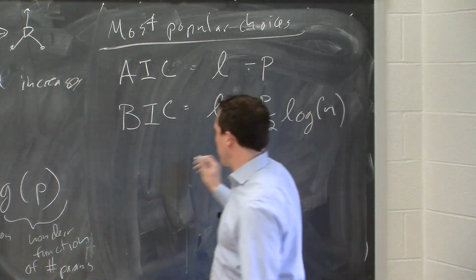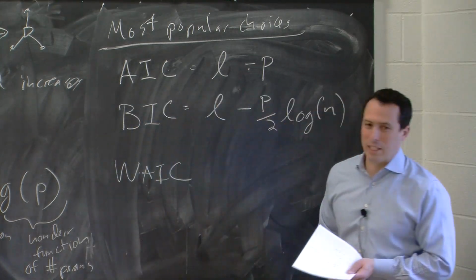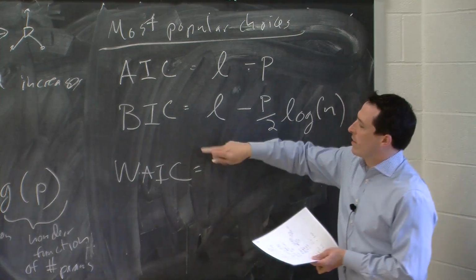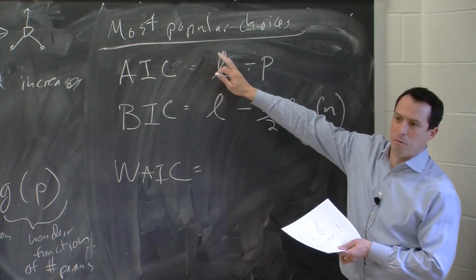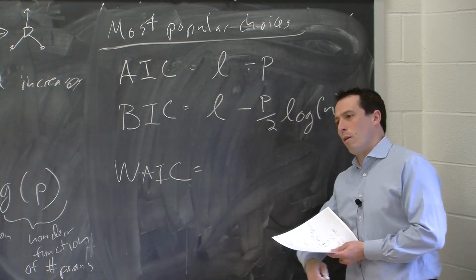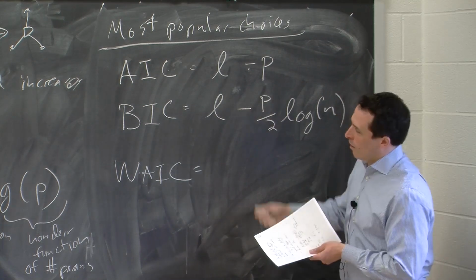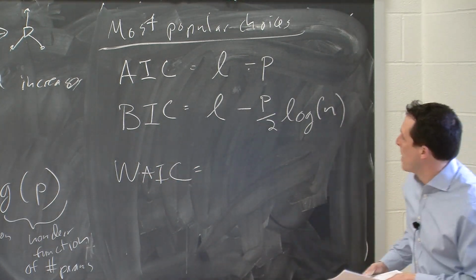And there's another criterion, which I won't write out right now, called the widely applicable information criterion. This exists because the theoretical justification of these things behaves poorly at certain points in the model. Just like when we go to the boundaries of the model, all bets are off. When all bets are off, you have to use a more complicated justification.